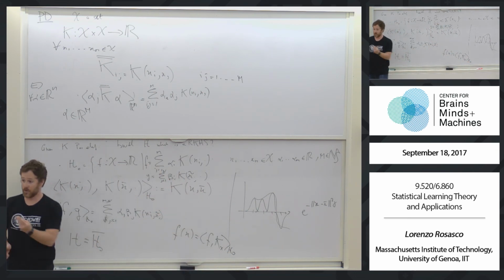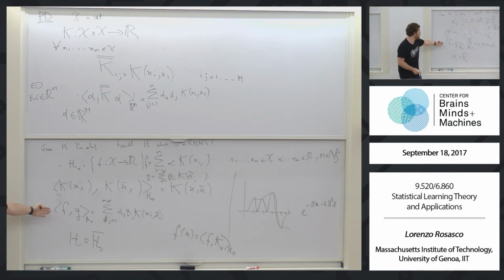Again, let's do it for H0. You can check yourself on H0. Because of the way I define the inner product, the function k that I start from is the reproducing kernel of the space. So by construction, I build not only a Hilbert space, but a reproducing kernel Hilbert space. I start from a simple function, and I build the whole function space. Okay?